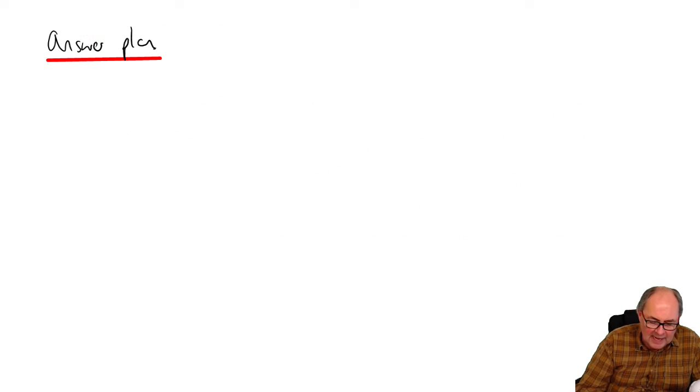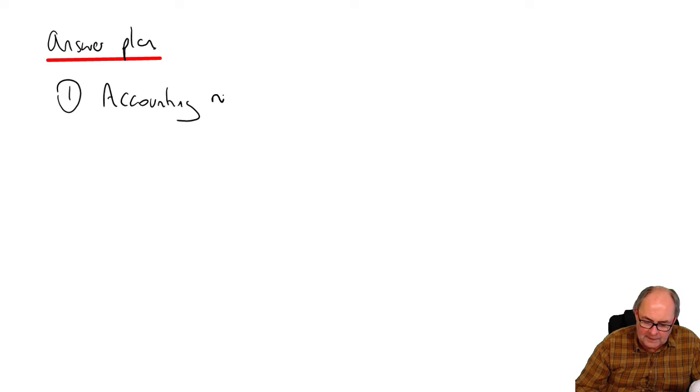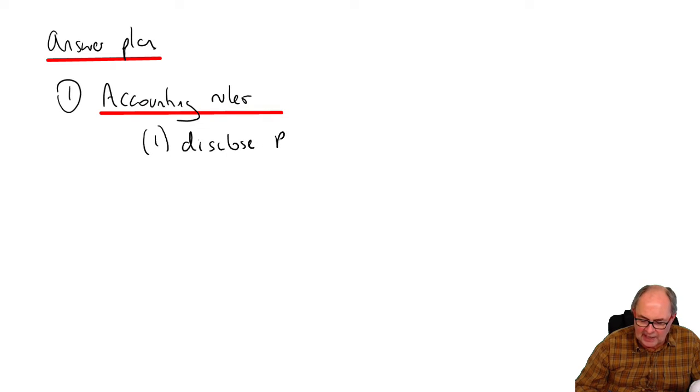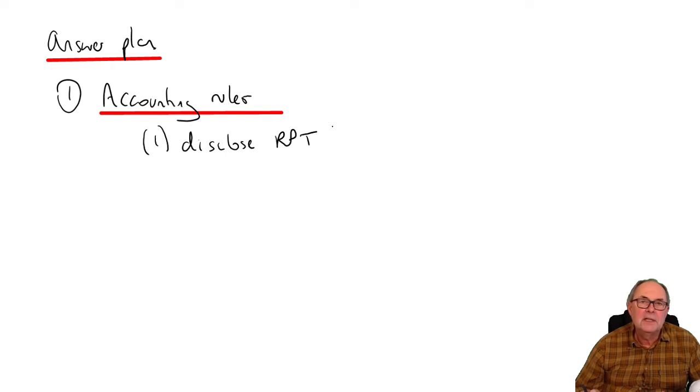So answer plan. Number 1, explain the accounting rules. And that would be, of course, the fact that you would disclose related party transactions. Most of them tend to involve someone who's involved in the business, so it's probably, again, something with key management.